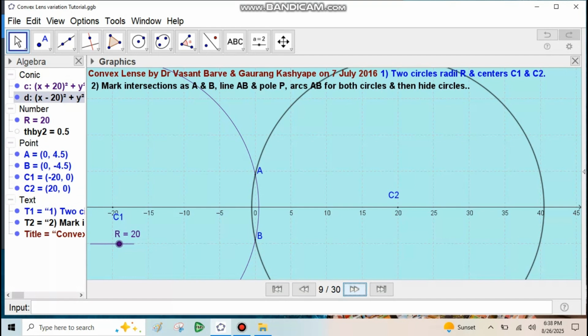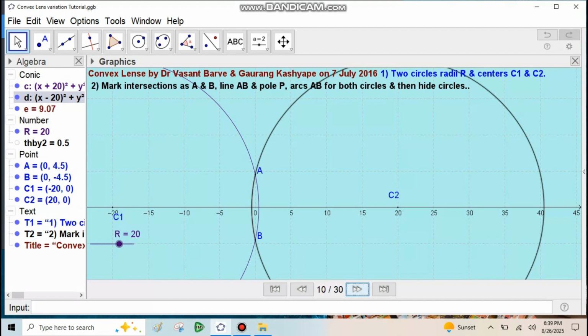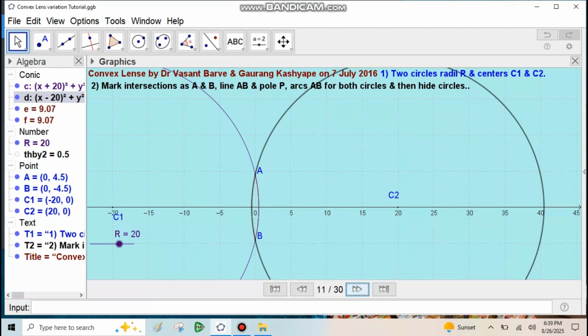So now I've got the A and B. Now we'll draw the arcs here and we'll try to get the lens. So the two arcs I have drawn. Now I can safely hide the circle. And now C1, C2 and lens is ready.